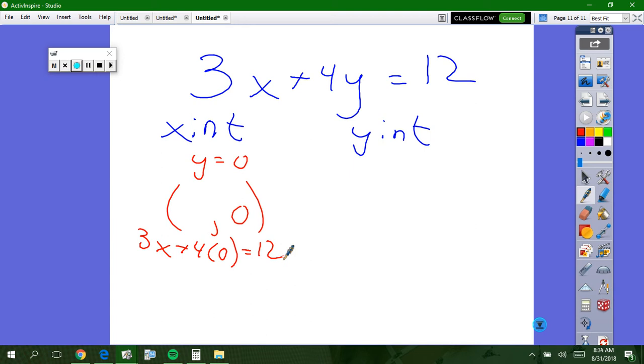And the reason why I like this is, what's 4 times 0? It's just gone, isn't it? So basically, my x-intercepts, when I just basically cover him up, he's gone. Right? So therefore, 3x equals 12. So what does x equal?